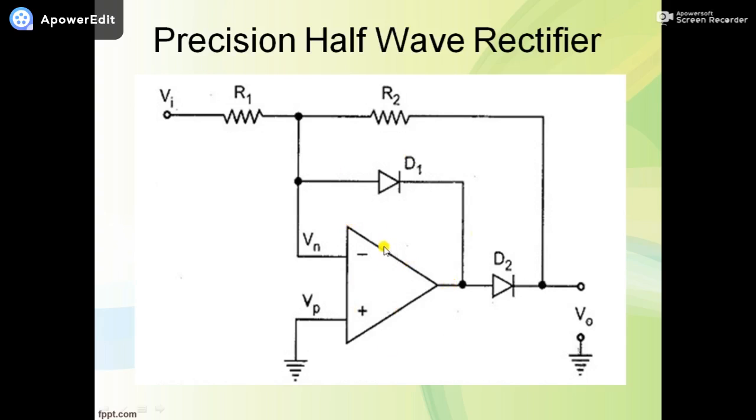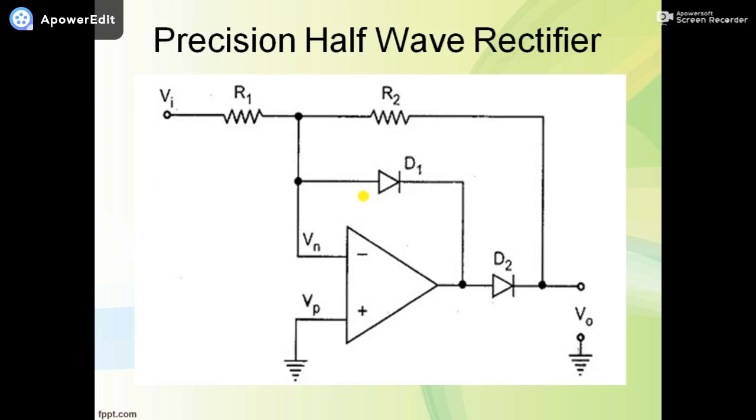So this negative terminal of the op-amp becomes virtually grounded, because the diode D1 is forward biased.